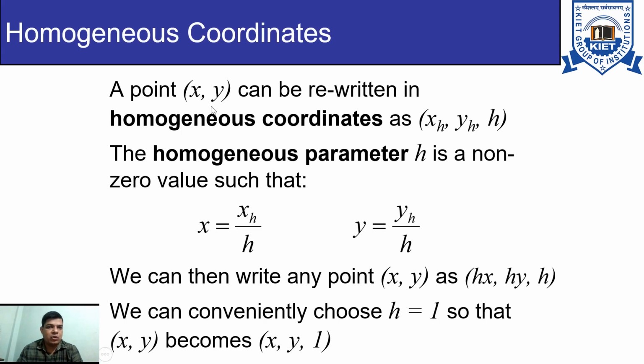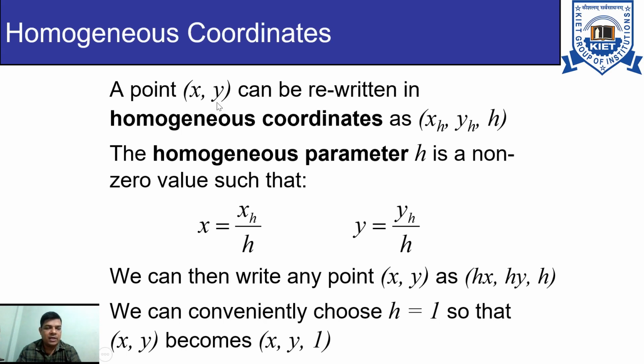A point x comma y can be rewritten in homogeneous coordinates as xh comma yh comma h. We are dealing with two-dimensional transformation, where we have an x coordinate and a y coordinate.